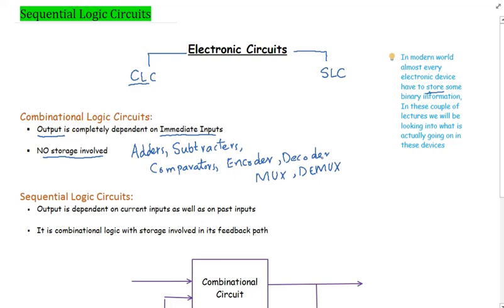So these are the examples of combinational logic circuits whose output only depends on what input is applied at their inputs.